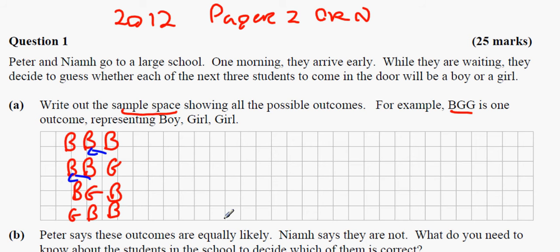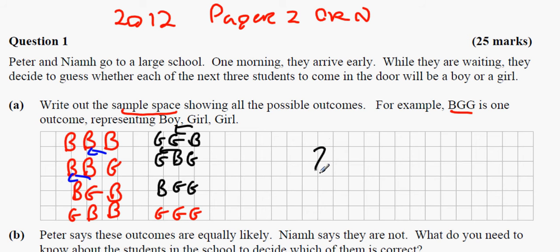Now down the opposite end, we'll also have girl, girl, girl. Now I'll have 2 girls and 1 boy: girl, girl, boy. Move the boy across: girl, boy, girl. Move the boy across one more: boy, girl, girl. I seem to have 8 outcomes, so a total of 8 different combinations that can happen.